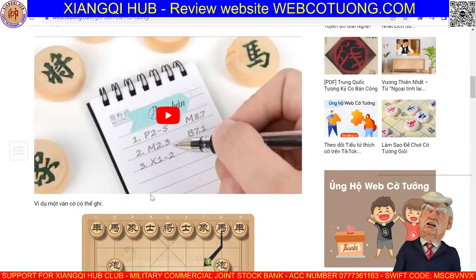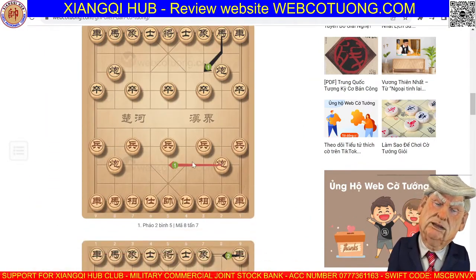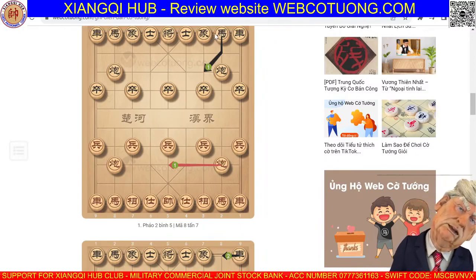That's interesting, you know. Anyway, let's try to do something. Let's try to find out. Yeah, you see here we have a cannon here, right? The cannon stays on line 2, and we go inside, so they call it cannon 2.